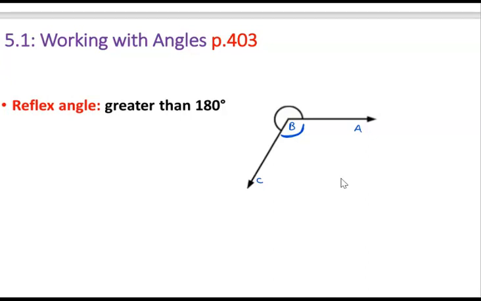It's greater than 180, but less than 360. And the way I remember a reflex angle is thinking about going to the doctor's office and the doctor hits your knee to check your reflexes. I remember this one because of the doctor banging my knee on the outside.